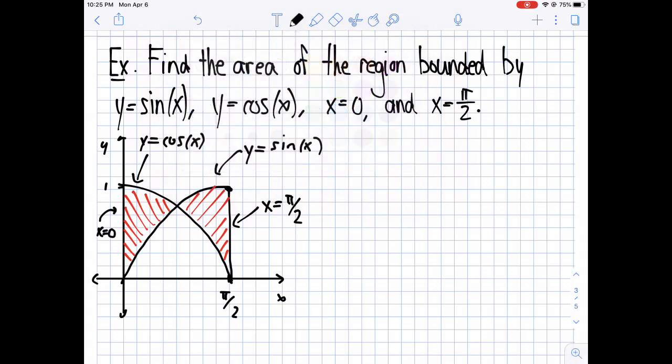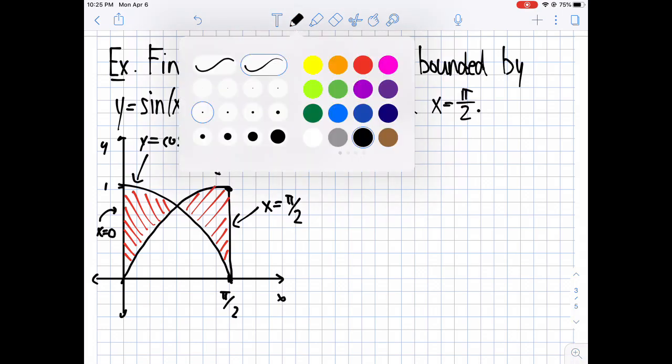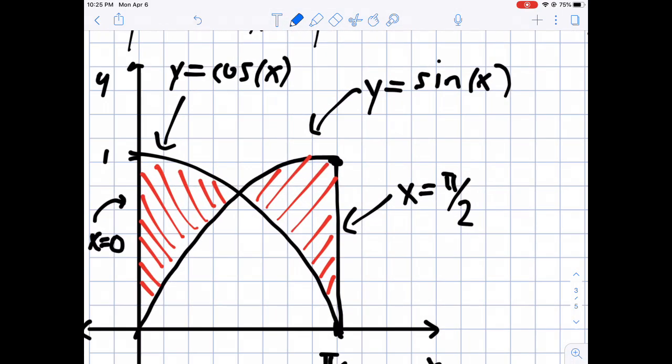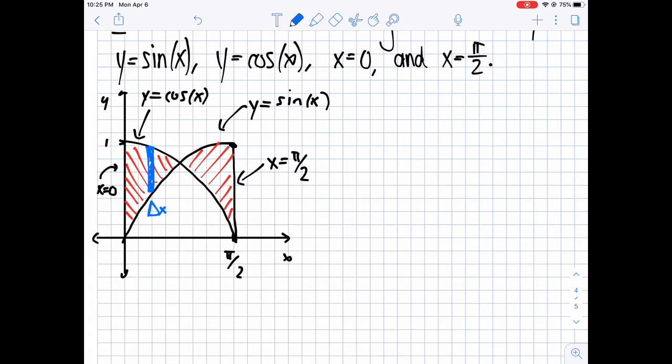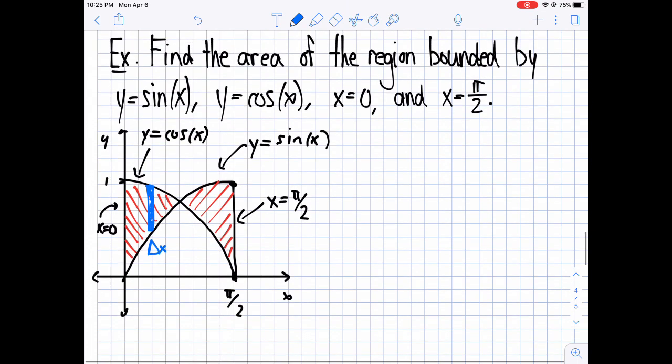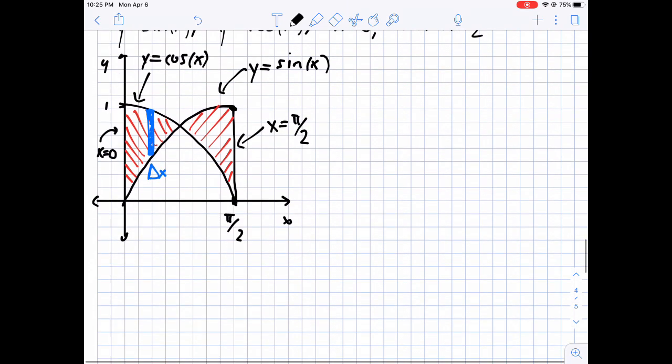But nonetheless, the same theory applies if we look at a sample rectangle here. We can set it up vertically, knowing our base width is going to be delta x, so we will be doing everything here in terms of x. So fine, let's set up our area.